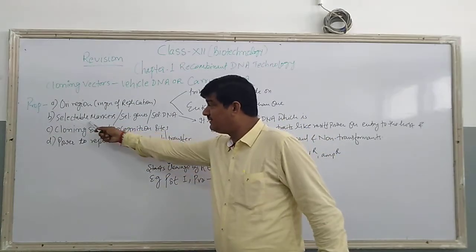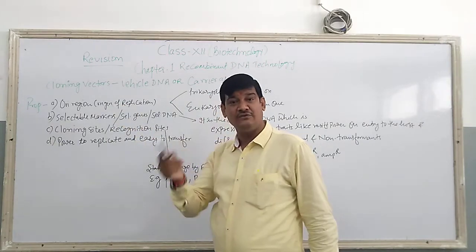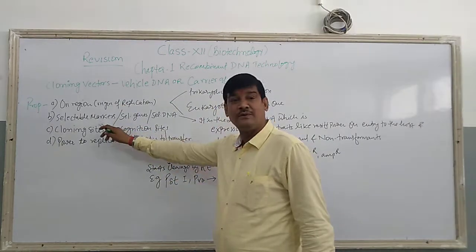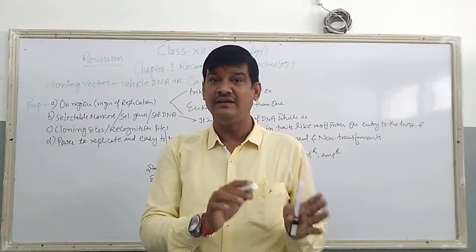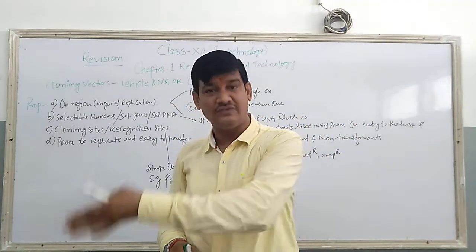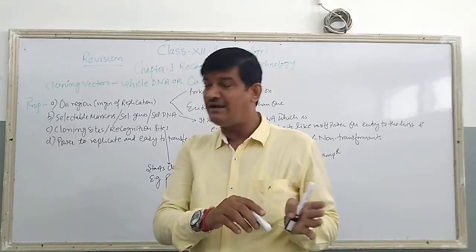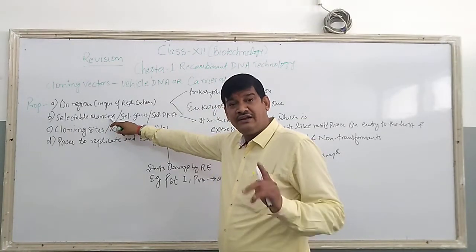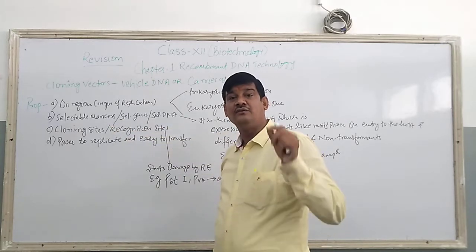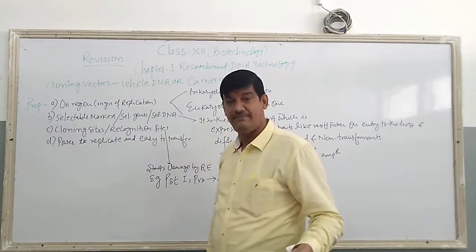Similarly, selectable markers are the DNA sequences which are responsible for expressing certain traits when inserted into the host cell. Upon insertion, the selectable marker definitely represents the traits which they have.